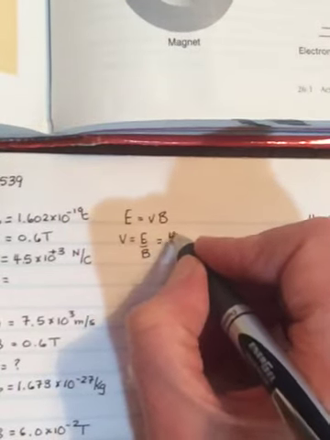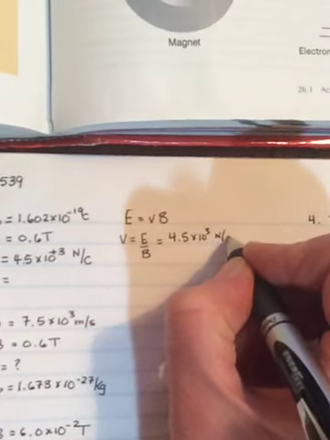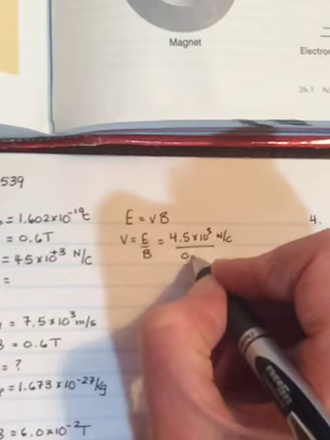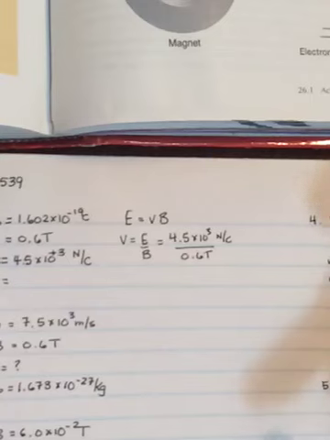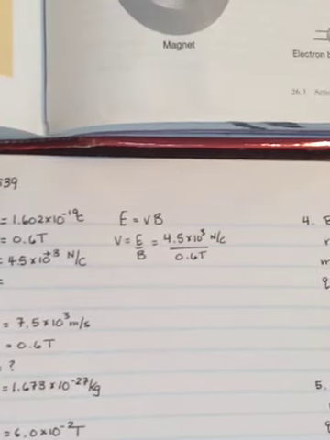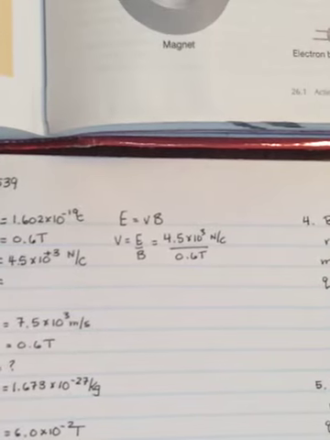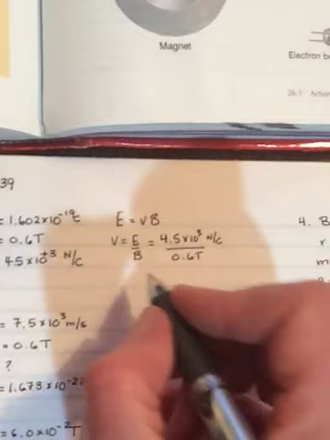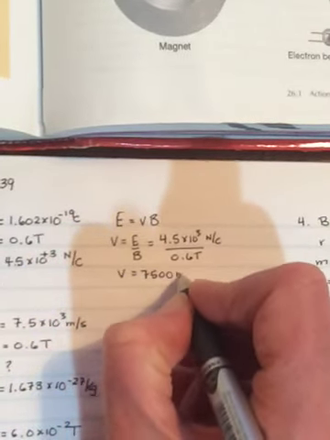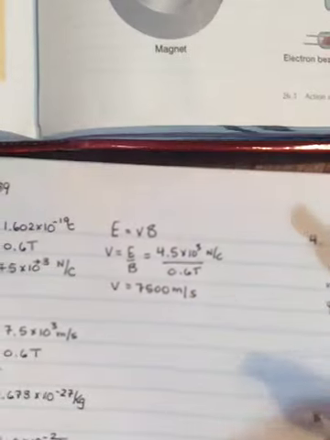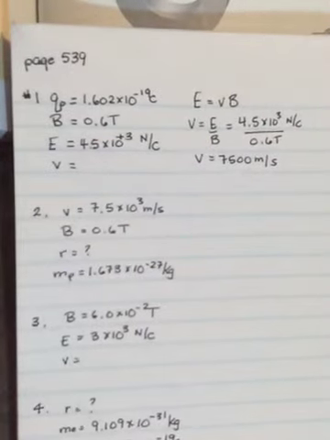It's 4.5 times 10 to the third newtons per coulomb over 0.6 Tesla. 3 goes into both of those, that'll be 15 over 2, so 7.5 to the third. So V is equal to 7,500 meters per second.